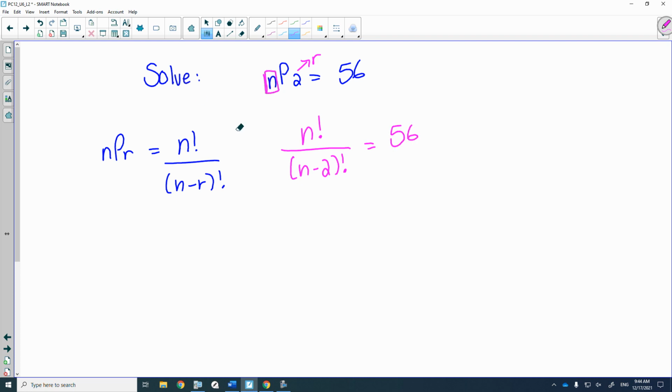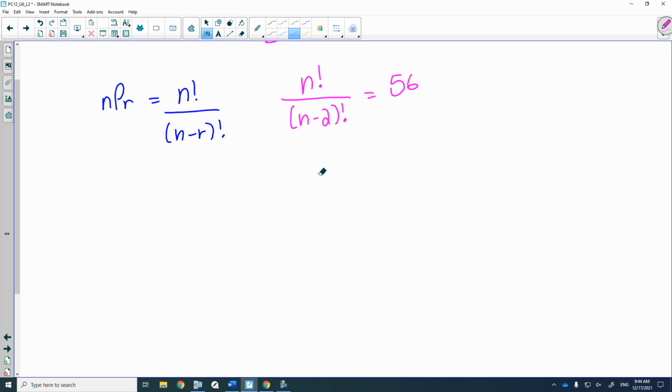And then we want to be able to unzip and we want to cancel. So I'm going to unzip the larger factorial, which is my n factorial, until I could cancel it with n minus 2 factorial. So n factorial could be broken down into n times n minus 1 times n minus 2 factorial all over n minus 2 factorial. Cancel.